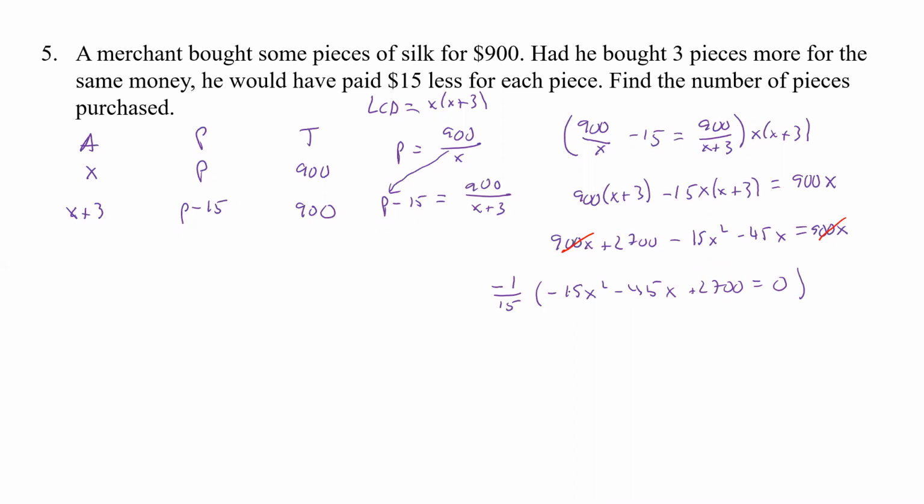That way my first term is positive, also becomes 1. This is divisible by 15, and so is that, and so I get x squared plus 3x minus 180 equals 0.